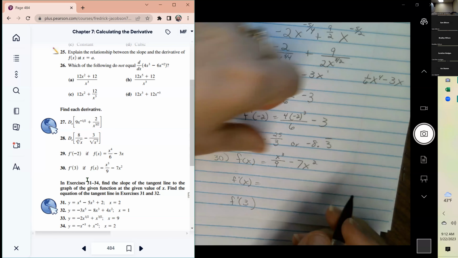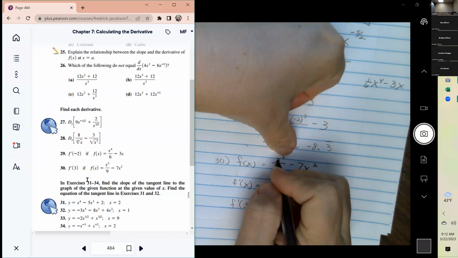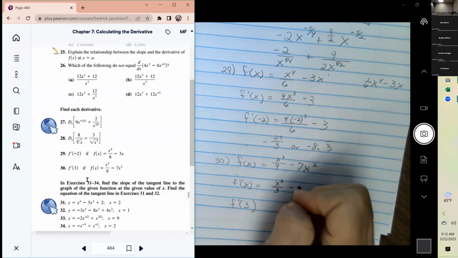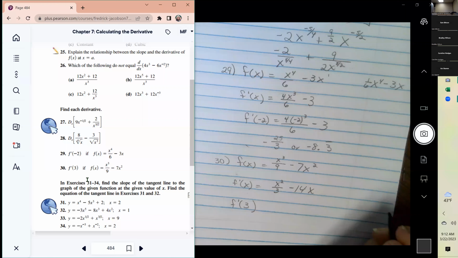So for our derivative, 3/9, 1/3, so x squared over 3, if you reduce it, minus 14x to the first.